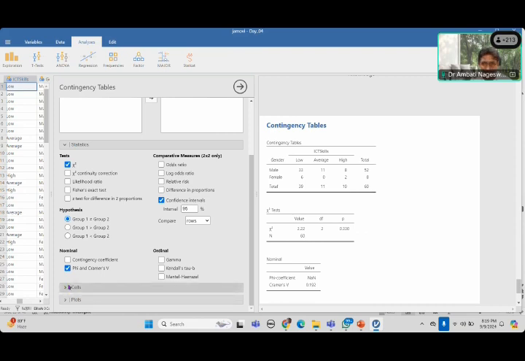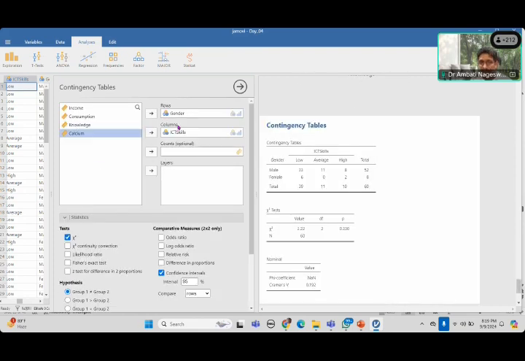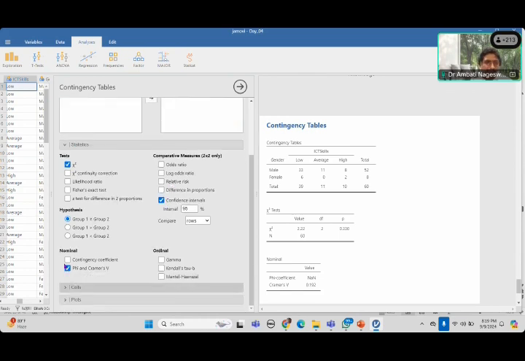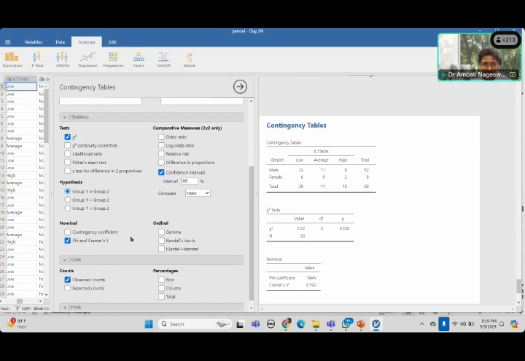I'm repeating again. After selecting the variables you want to test, we need two categorical variables: gender and ICT competencies. Then the test of independence, that is the chi-square test, and the confidence interval we have selected. Then Phi and Cramer's V, which I'll explain later. Next, please come to Cells.